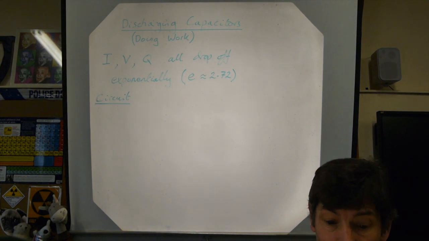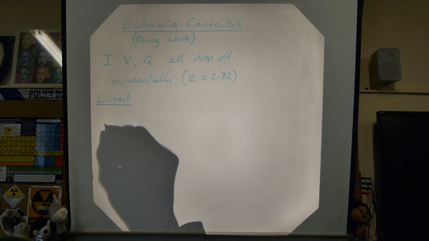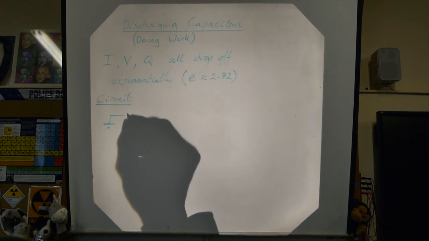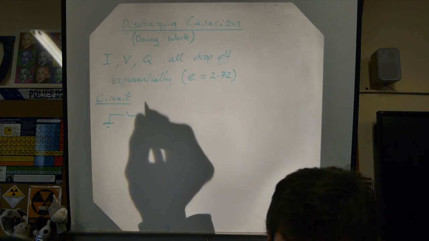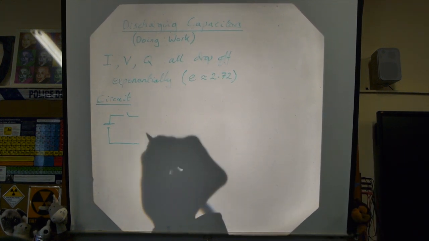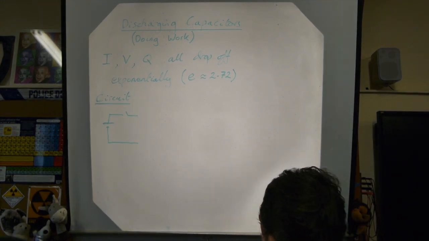If you remember, we need a power supply. So I'm going to draw the battery that charges the capacitor here, with the ability to turn it on and off. That's my bit that provides the energy for charging.